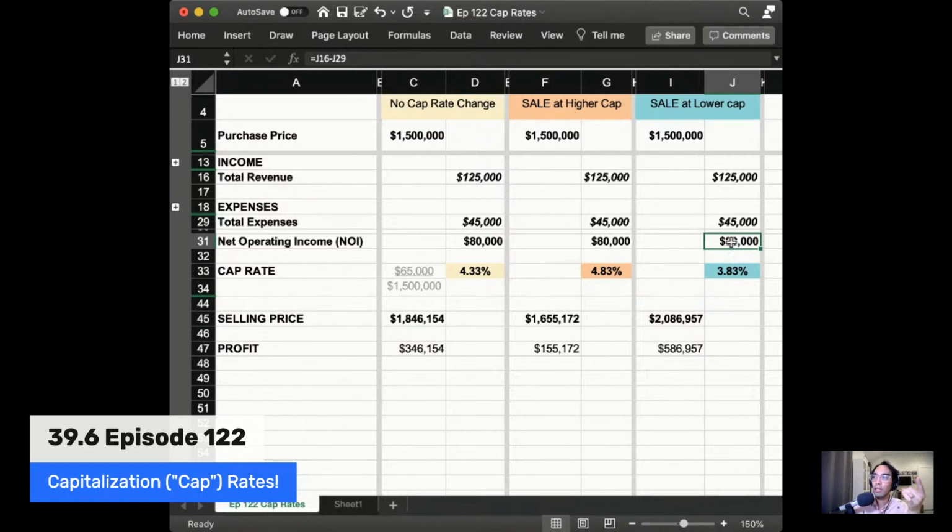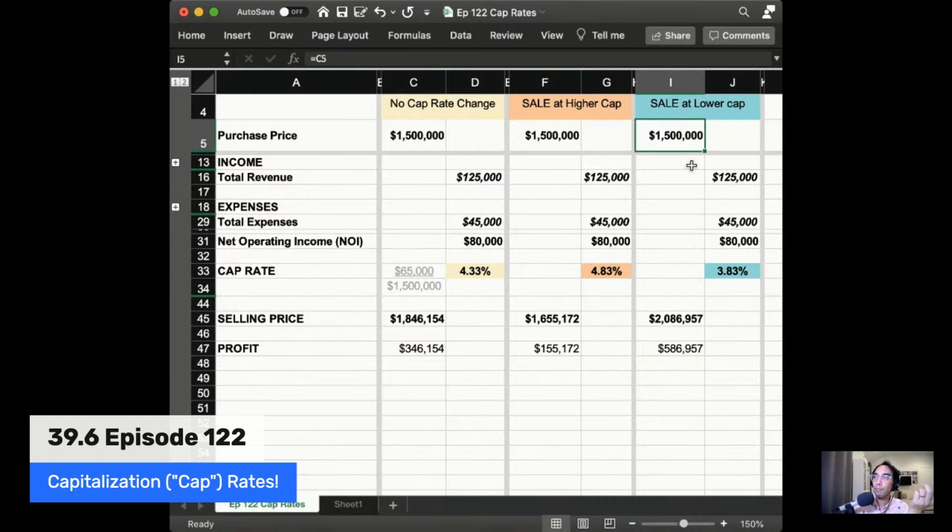So every $1 of net operating income, you're actually increasing the value by $25, or actually a little bit more here. So by improving your net operating income by $15,000, and because the cap rates have gone down from 4.33 to 3.83, you've generated almost $600,000 of increased value.